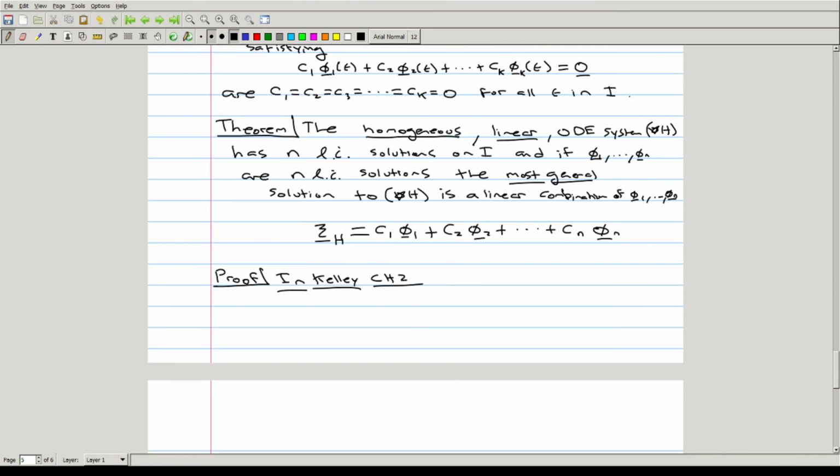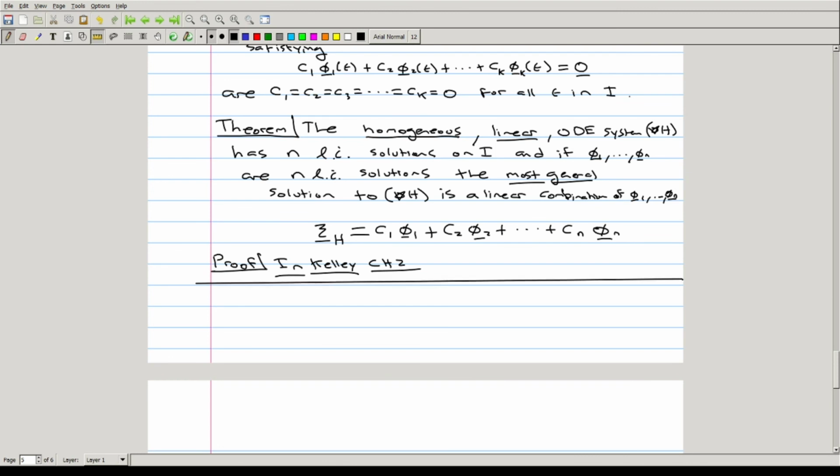So this is really neat, and essentially is another example of the superposition principle. If we go through and try to verify that a given linear combination will in fact be a new solution to our system of ODEs, we can do this directly.